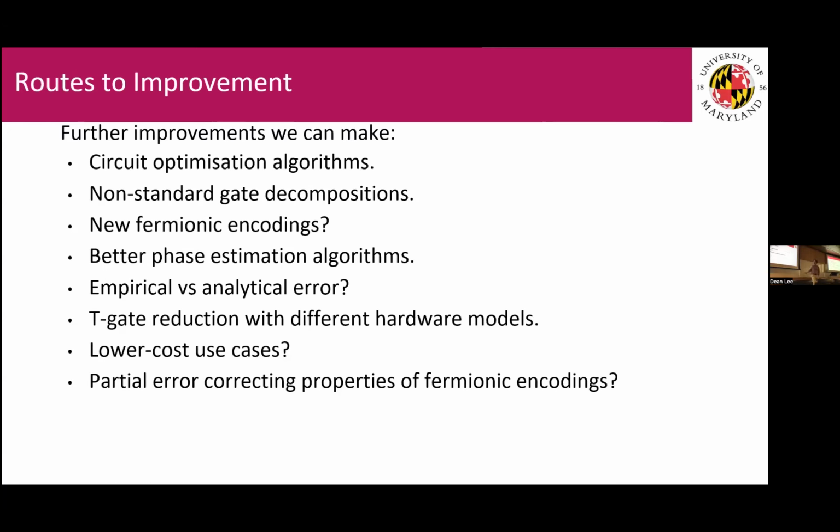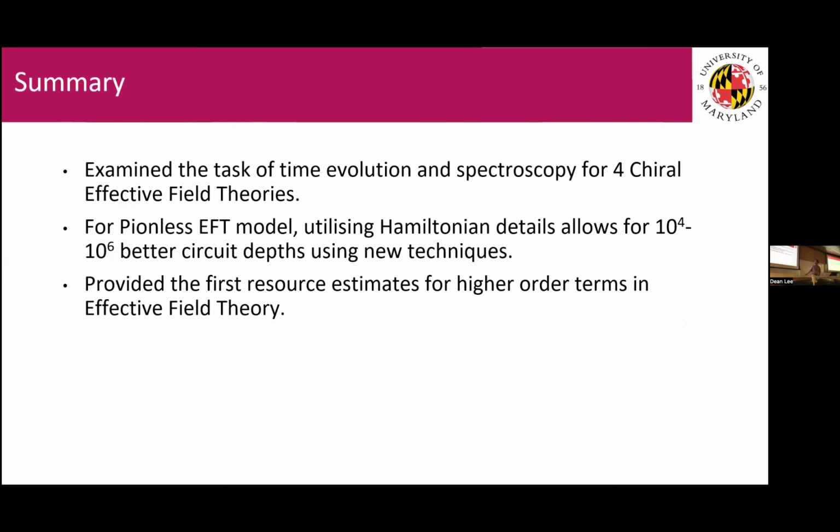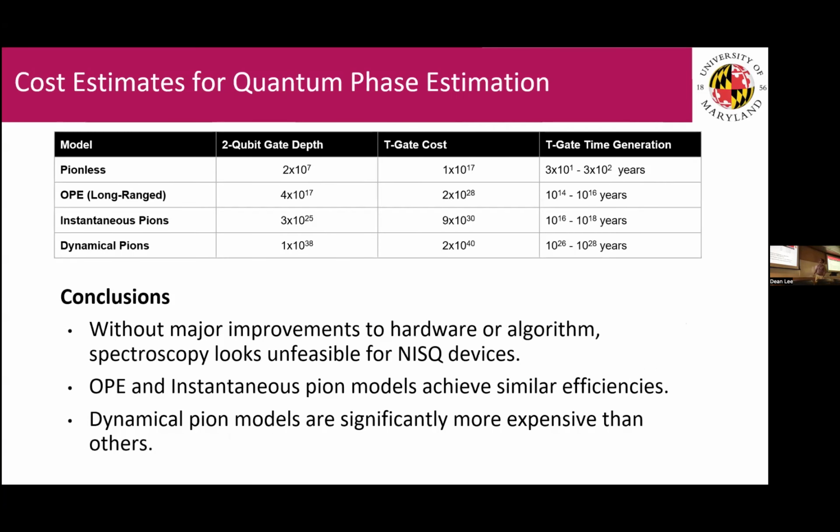Yeah, that's a really good point. So if I go back to some of the resource estimates here, something like 10 to the 7 gate depth, or 10 to the 17, it's not totally outrageous to think you can improve that. Even if I had a fully fault tolerant quantum computer and some sort of parallelism, I think you could bring this down quite significantly.